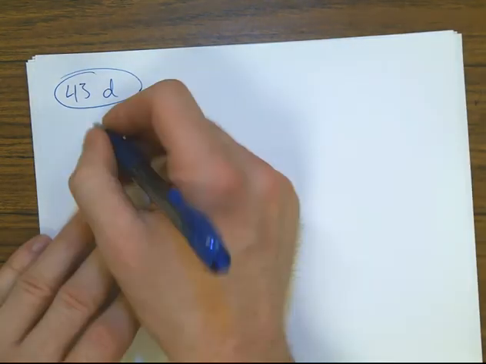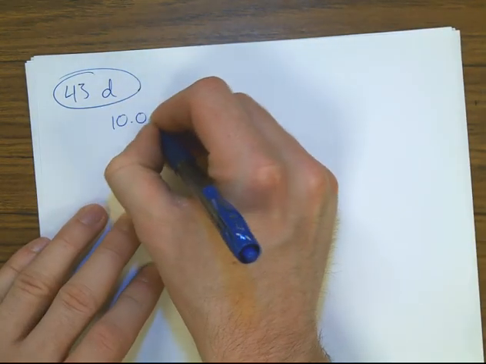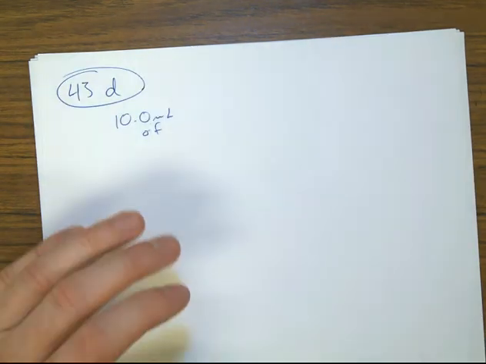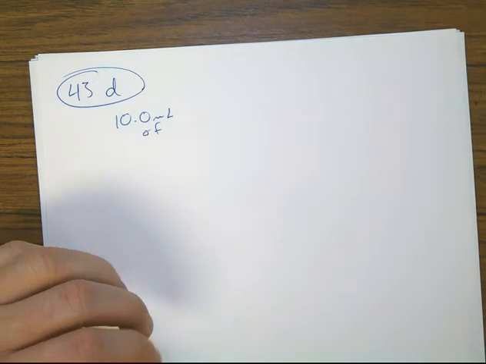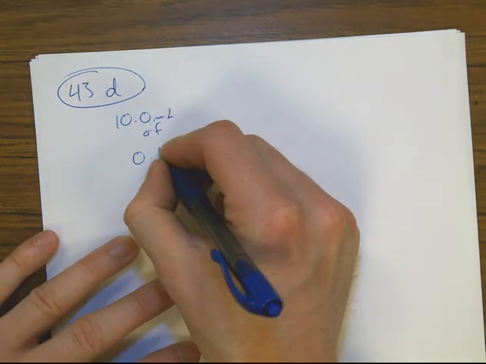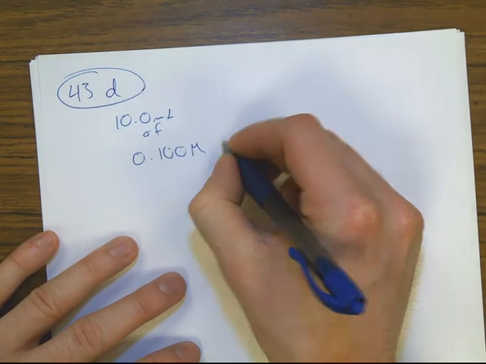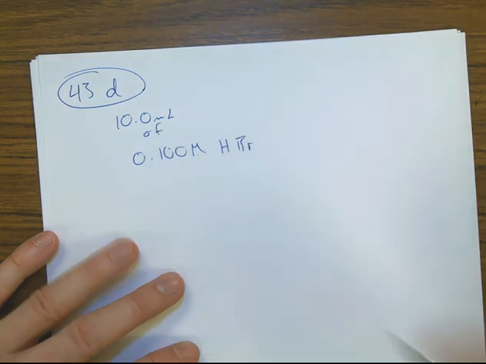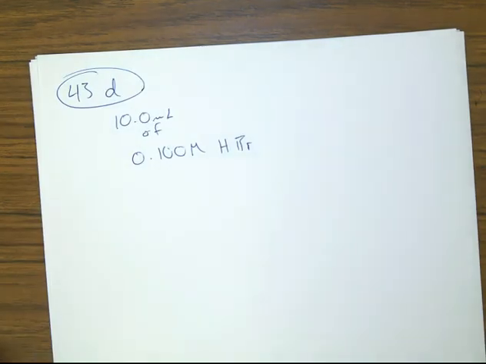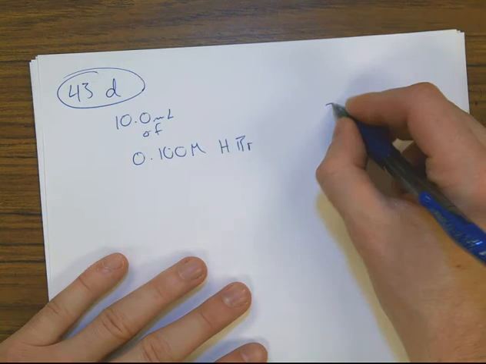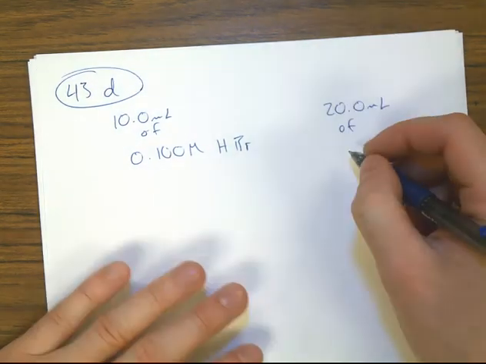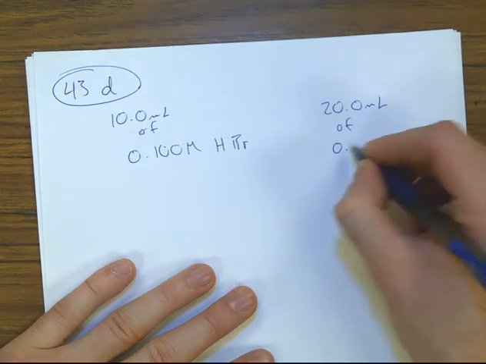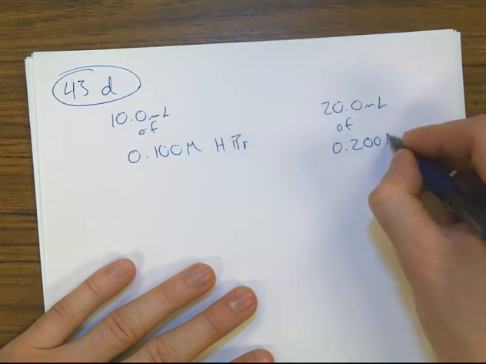One solution that you start with is 10.0 milliliters of 0.100 molarity HBr, and then you're going to mix that with 20 milliliters of 0.200 molar HCl.